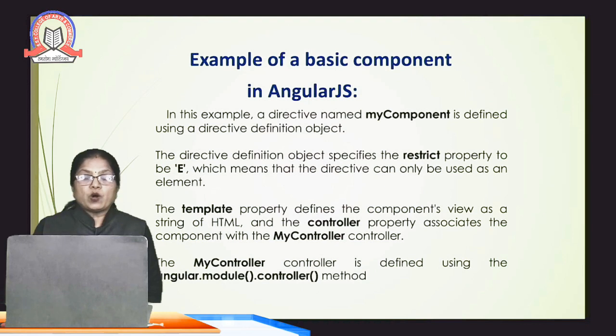The template property defines the component's view as a string of HTML, and the controller property associates the component with the myController controller. The myController controller is defined using the angular.module method and controller method.